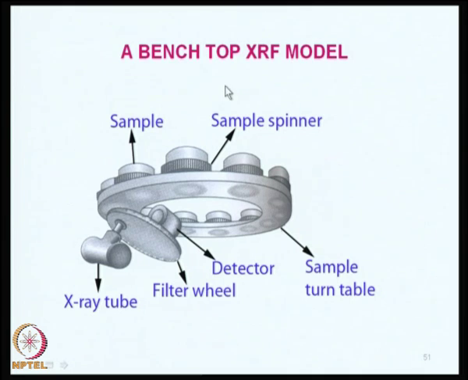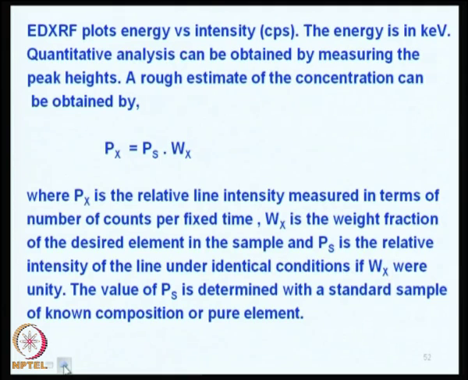This is the picture of a benchtop XRF model, where you can see the different samples, sample spinners, and then the detector, filter wheel, X-ray tube, and sample turntable. The EDXRF basically plots the intensity in CPS, which can be quantified like this.